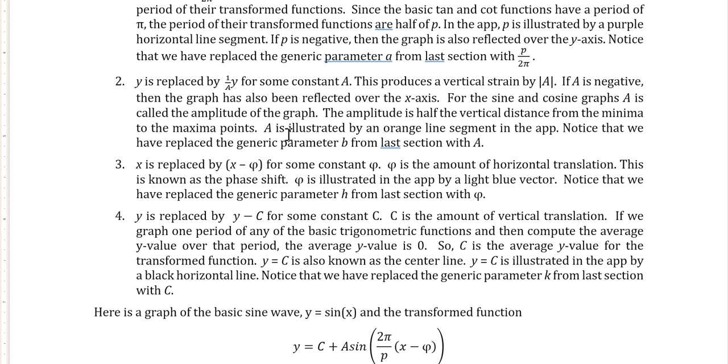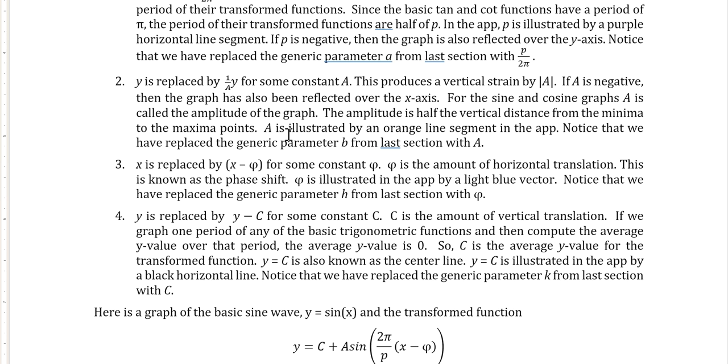Second transformation, y is replaced by 1 over a times y, or y divided by a, for some constant a. This produces a vertical strain by the absolute value of a. If a is negative, then the graph has also been reflected over the x-axis. So the first one gave us a horizontal stretch, which changes the period.